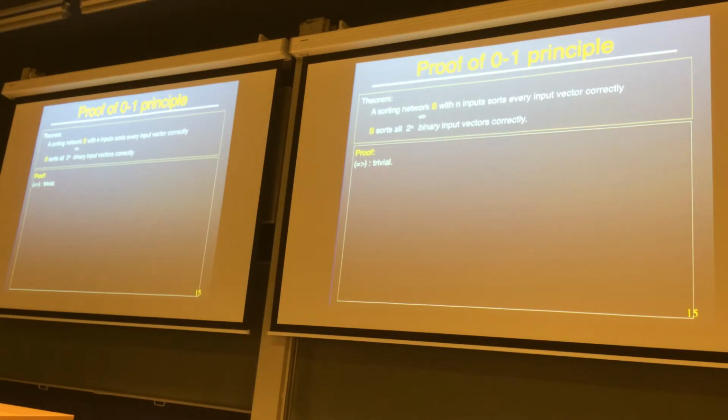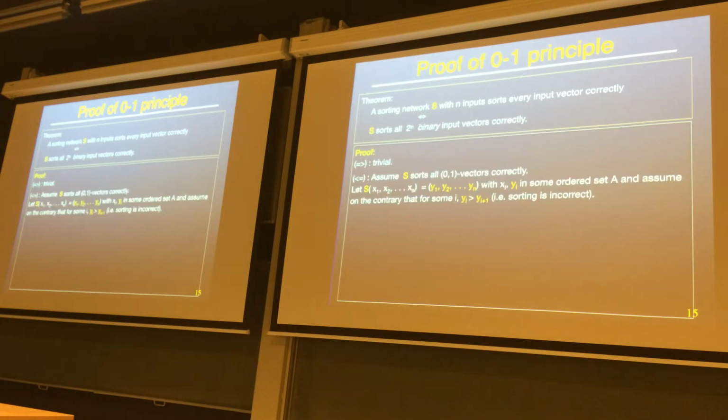And so the first direction, assuming this and then following that, is trivial. The hard case is of course the reverse. Assume that you sort all 2 to the power n binary vectors correctly. How to show that indeed all inputs are sorted correctly?